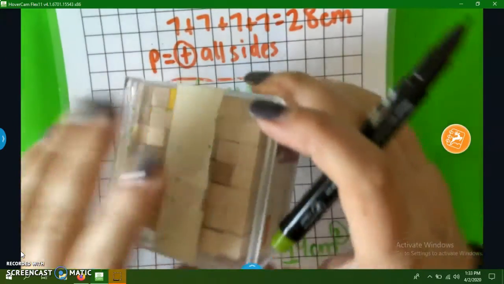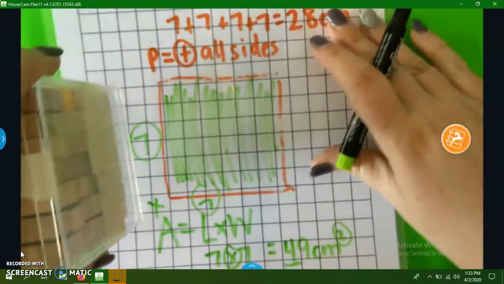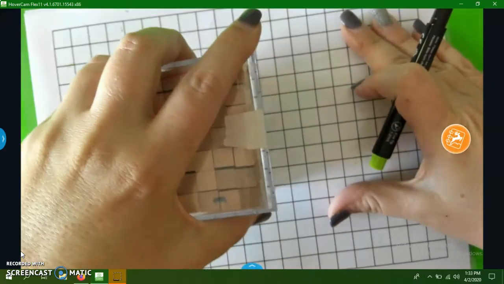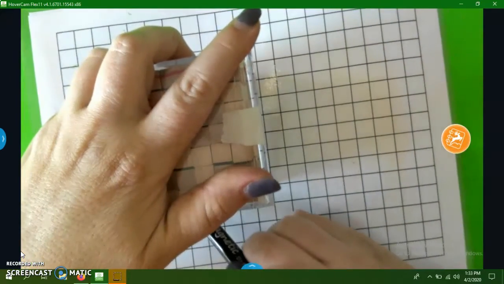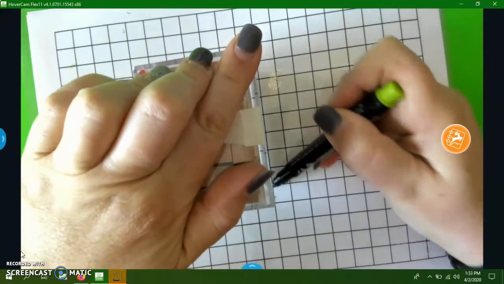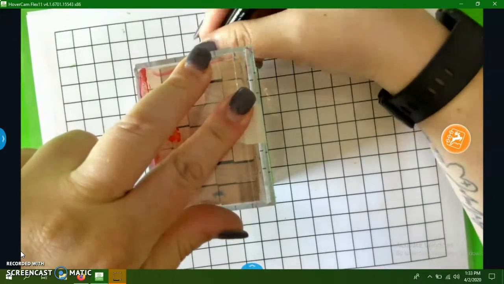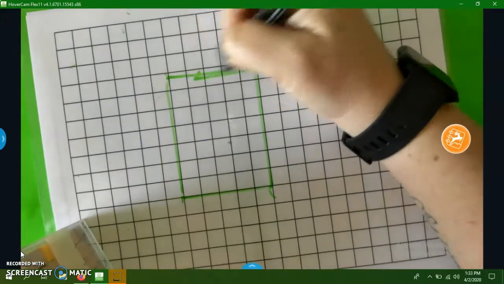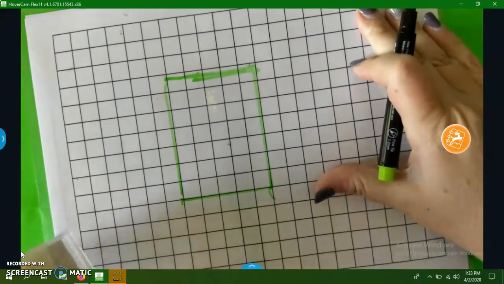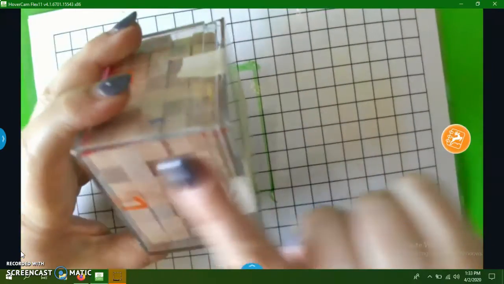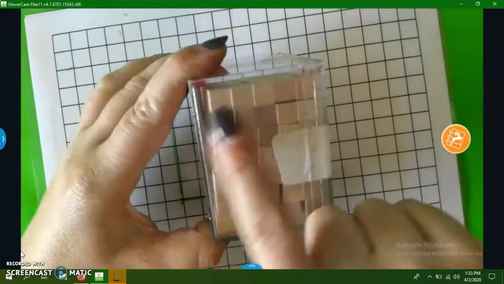Of course, if I laid this on the side, it would take up a different amount of space, because what we're going to find out in a second is that this is not actually a cube. If I were to lay it this way, it's going to be more of a rectangle shape. So if you were looking at this side, this is no longer a square.